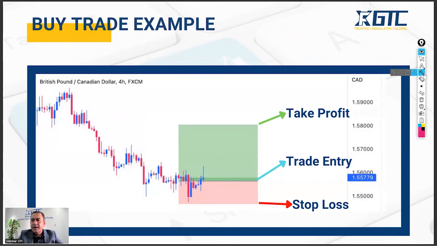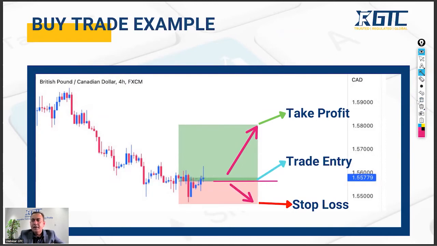If this is my entry level, then in case of buying, my take profit will always be higher than my entry level and my stop loss will be lower than my entry level.